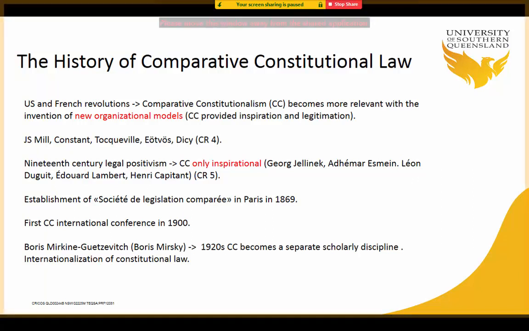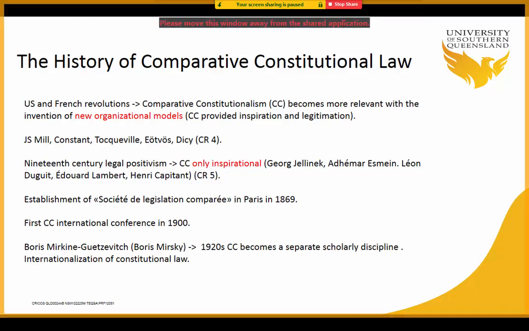And 30-odd years after that, we find our first international conference on comparative law, the predecessor of what I've just talked about in Japan in relation to the International Academy of Comparative Law, the World Congress.